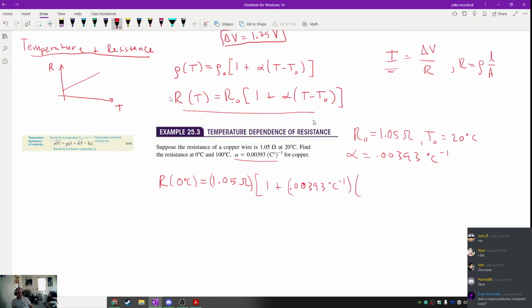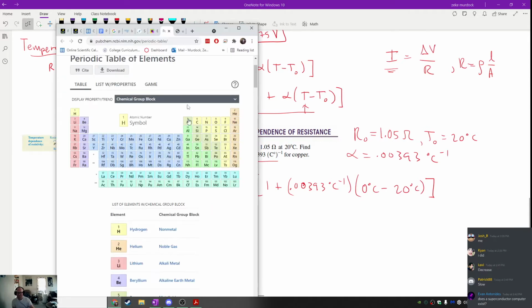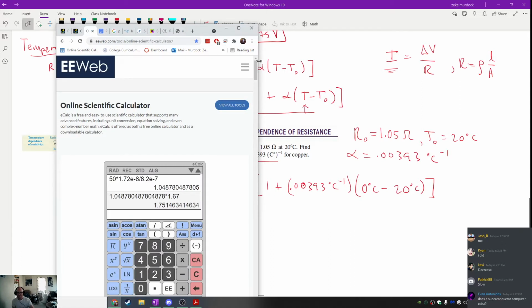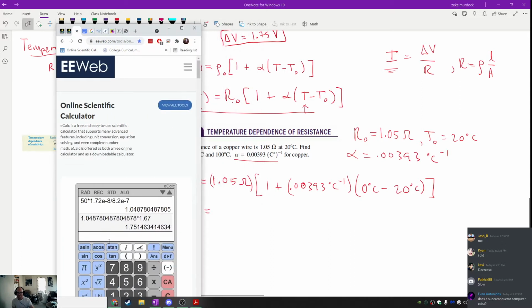The temperature we care about here is the temperature that shows up in here, so 0 degrees Celsius, so 0 minus 20. And then this should give us a value that is less than 1.05. Okay, so it's 1.